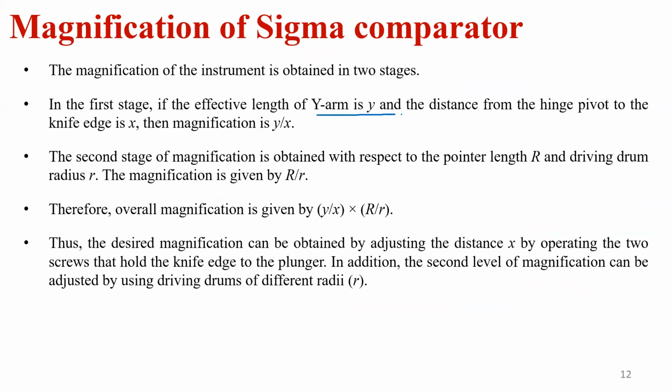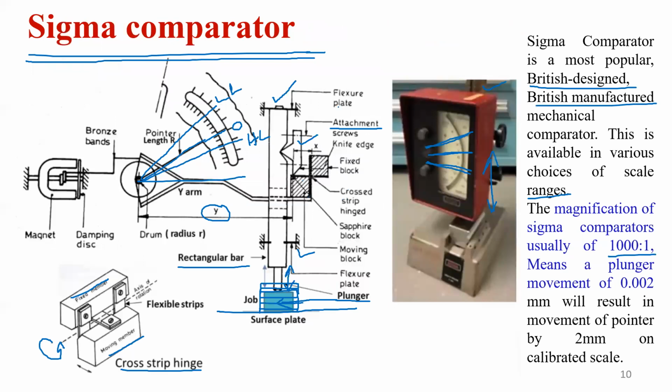So in the first stage, we get the magnification as Y by X. In this, we can change the X position by using the attachment screws. By changing the position of the knife edge using the attachment screws, you can change the distance X, so that we can change the magnification of the comparator.